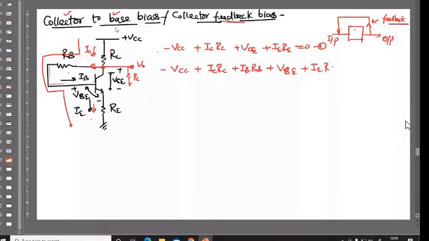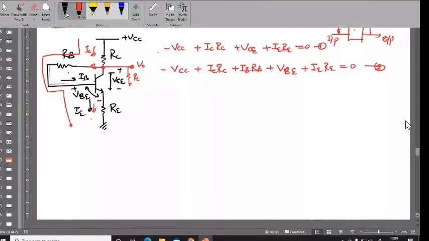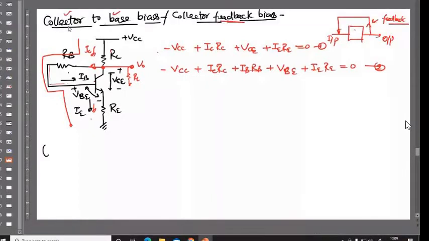This is equation number 2. I don't think there is any problem in writing this equation. So directly I am going to solve a numerical problem; it will be very easy for you to understand.